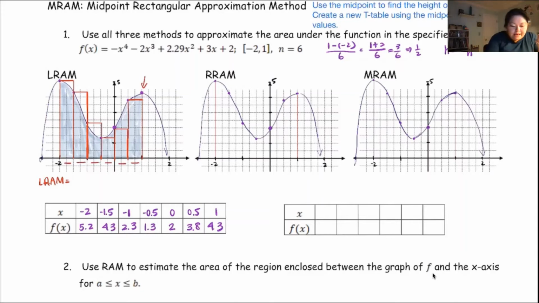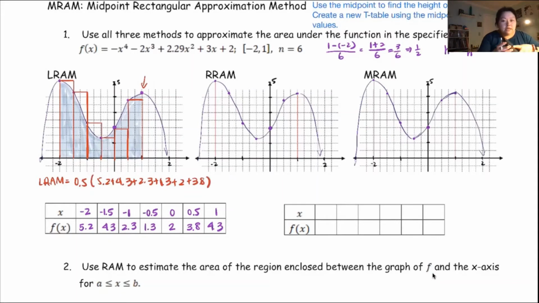So everything is a half. I don't want to waste my time doing base times height plus base times height plus base times height. You can factor out all those bases and simply say 1/2, because everybody is 1/2, and then just add up all the heights. So 5.2 plus 4.3 plus 2.3 plus 1.3 plus 2 plus 3.8. Remember, we don't use the last one, because we never use that as my last height.